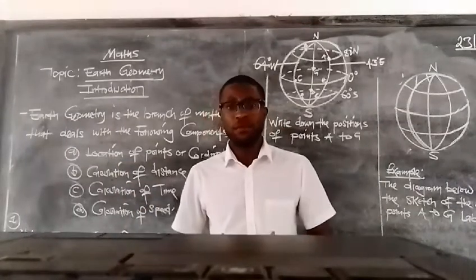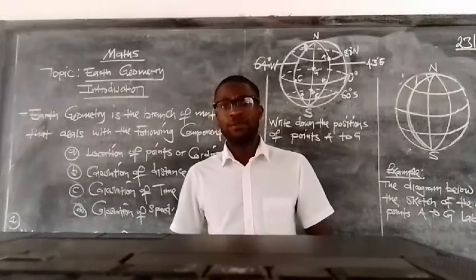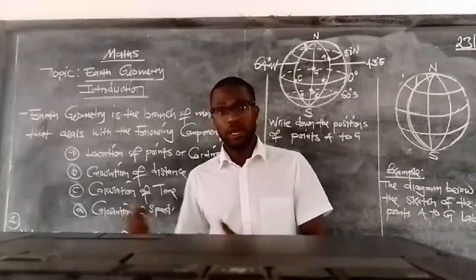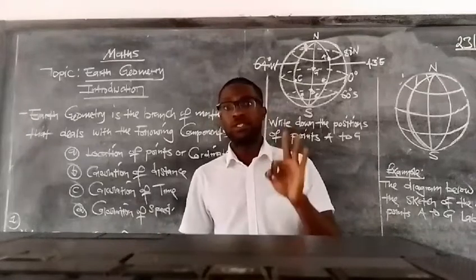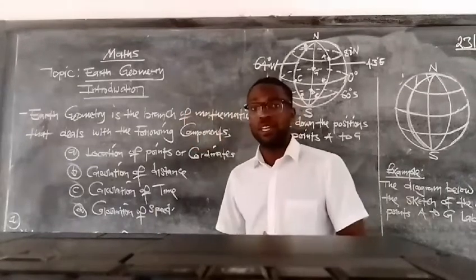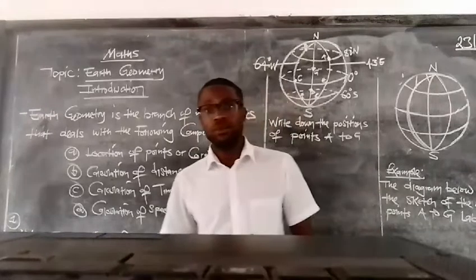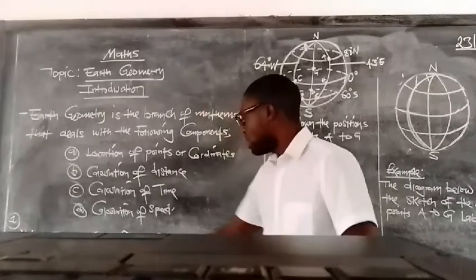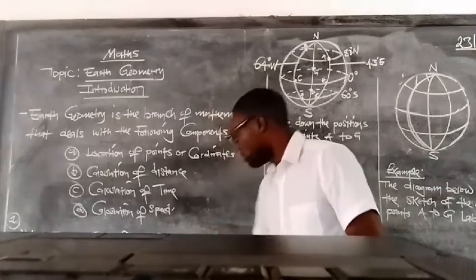Apart from knowing that information, let me give two important points that you should take note of as you are calculating those four things. The first one is about the radius of the Earth. You need to know that the radius of the Earth in kilometers is about 6370 kilometers.